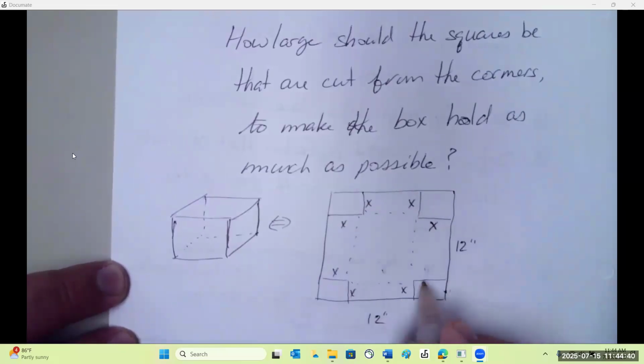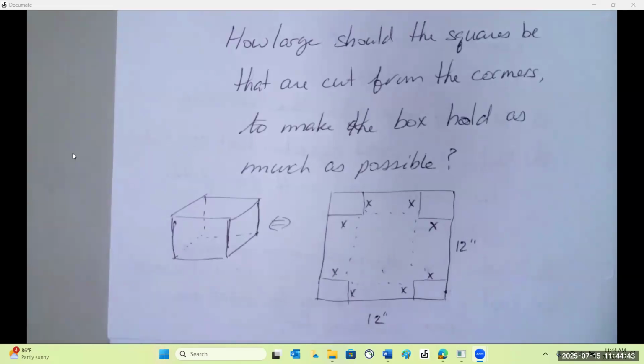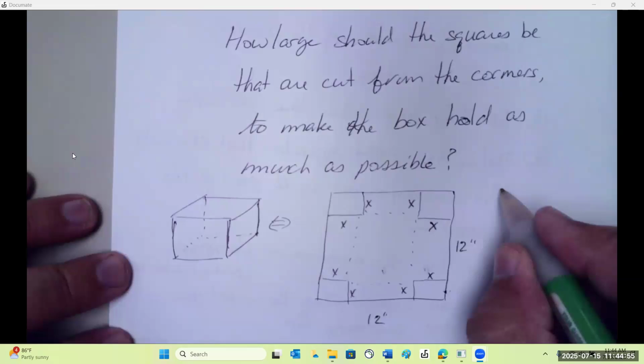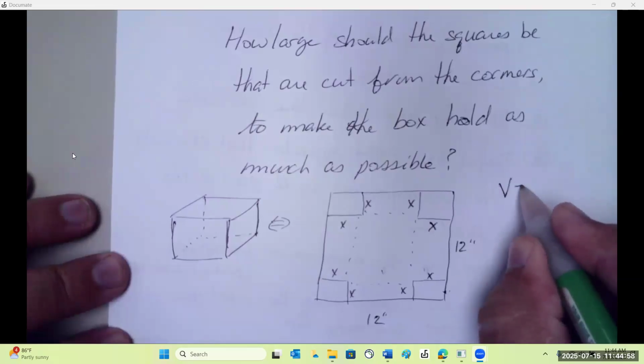Since they're square, they have to have the same cuts. So what's the formula for volume of a box?